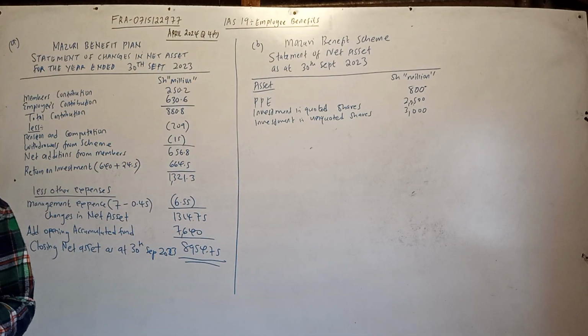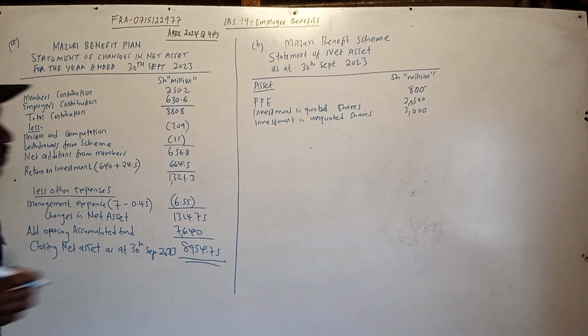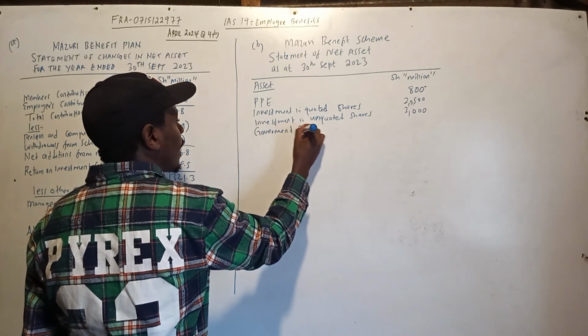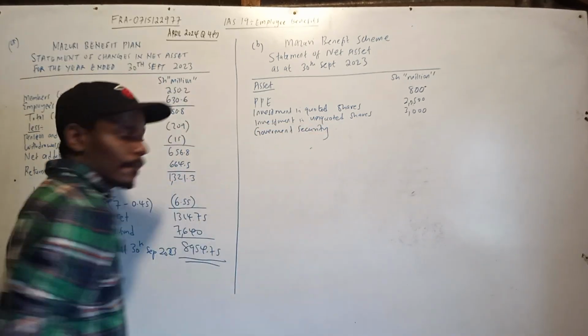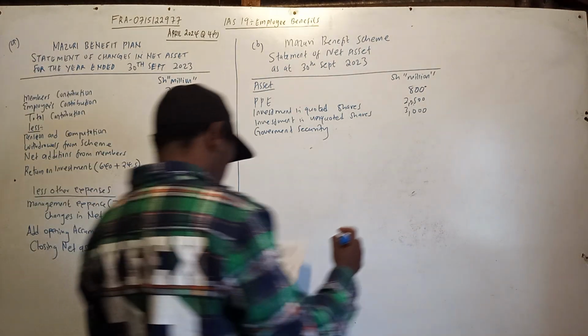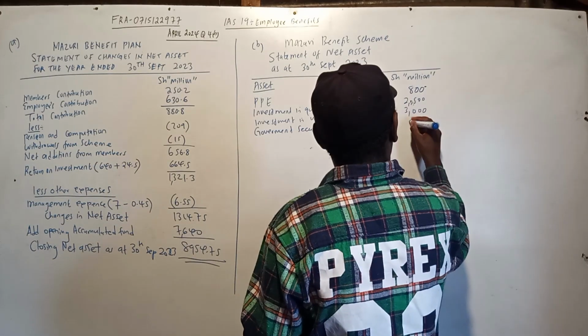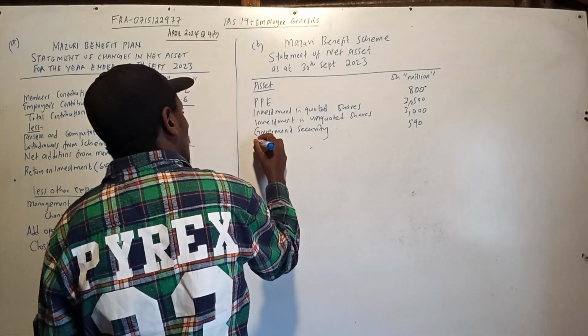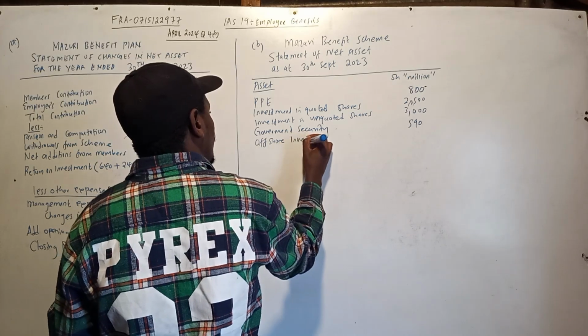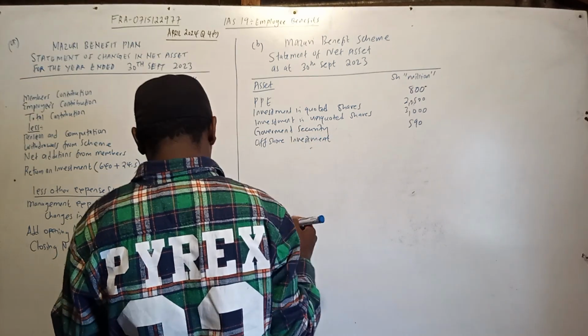Once you are done with the investment, you have government security. Government security, how much? 590. And then we have offshore investment.